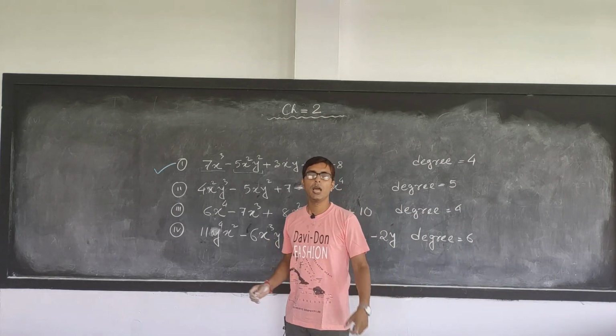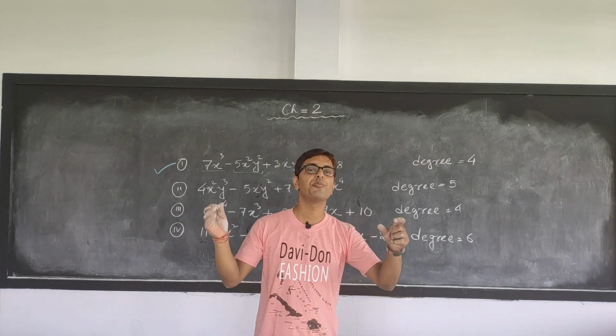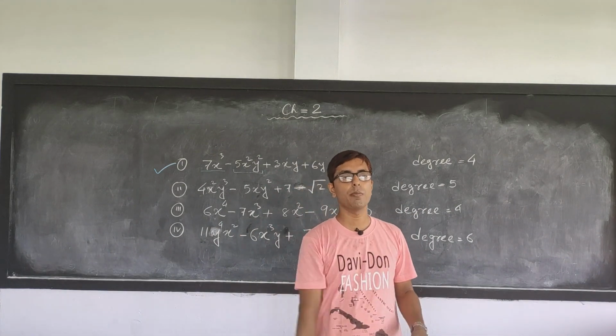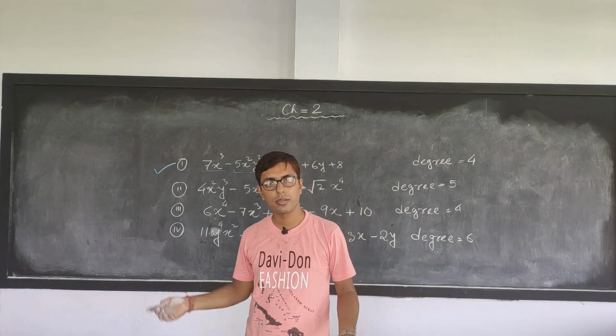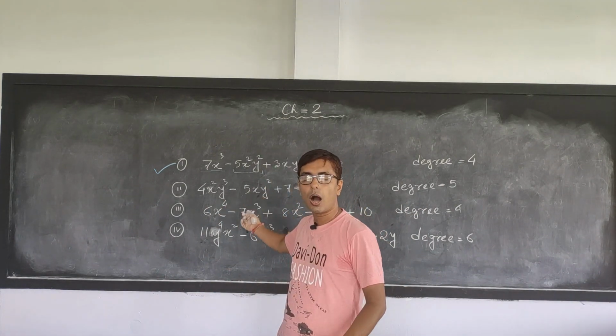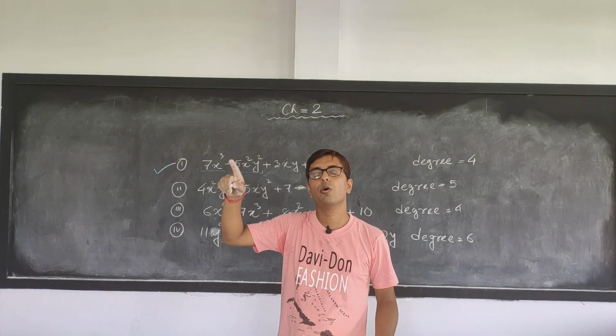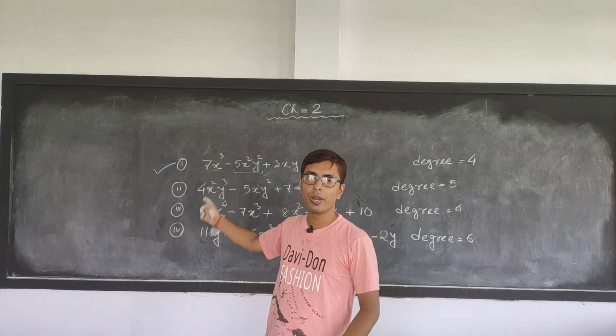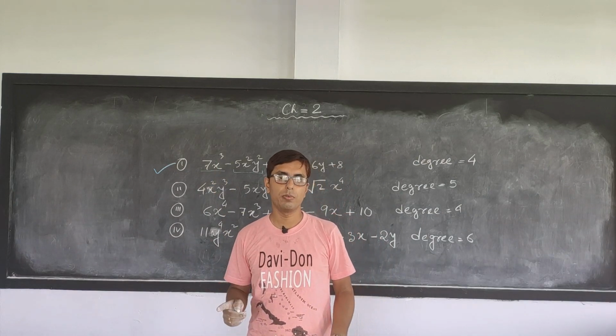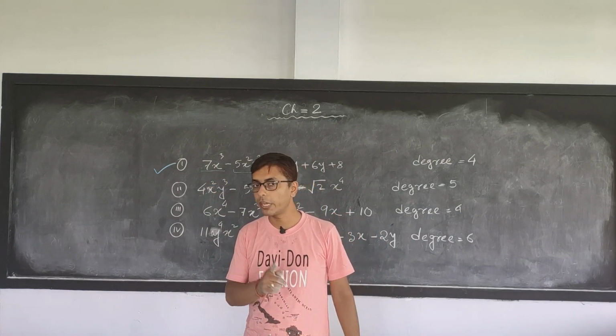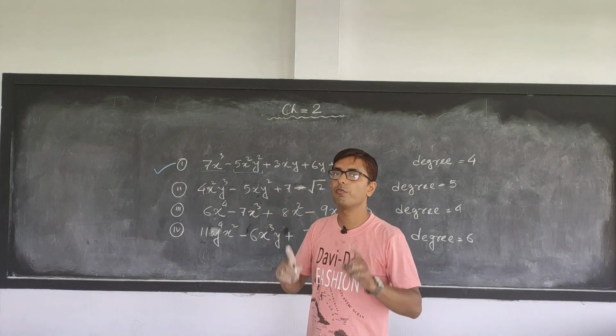We have learned how to determine the degree of a polynomial having only one variable, and we have just learned how to find out the degree of polynomials having more than one variable. If a polynomial carries more than one variable, then the degree is obtained by summing up the powers on the variables. Clear?